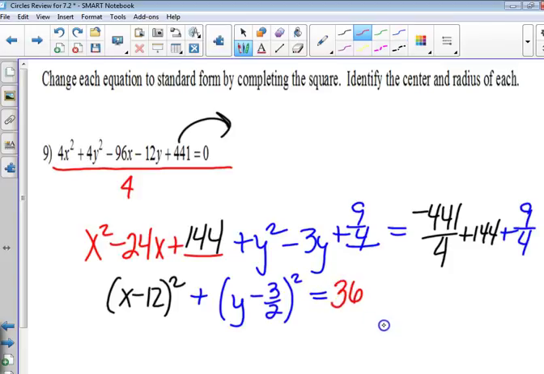Did someone else get that nice round number? All right, so last one, center. You can write 1.5 or 3 over 2, anything that's equivalent. And the radius. All right, we good?